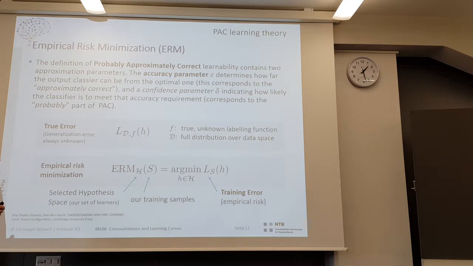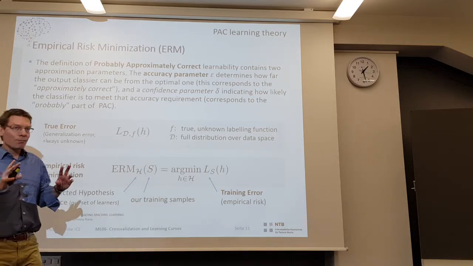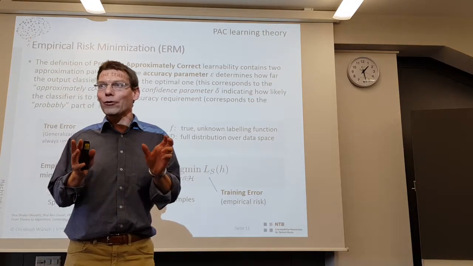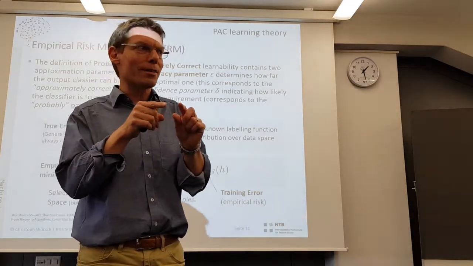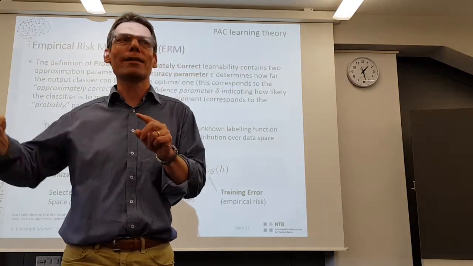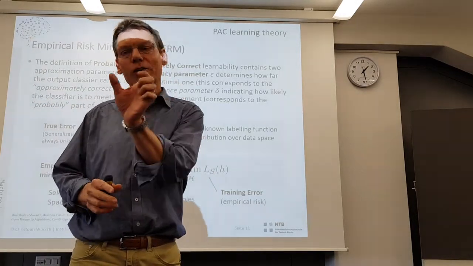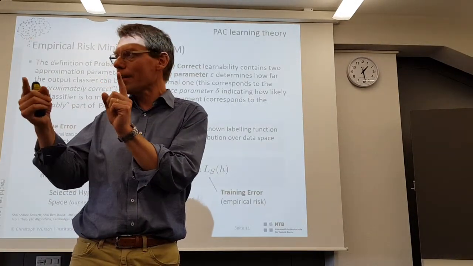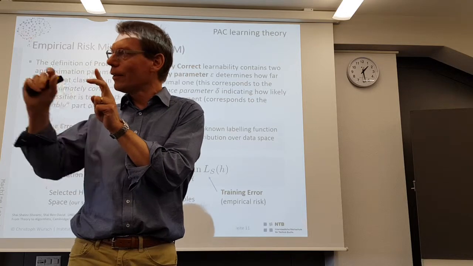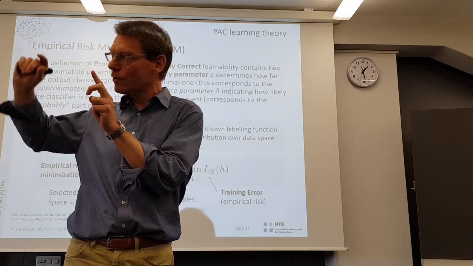We have to start with PAC learning theory, the theory of probably approximately correct learnability. And like in proofs in mathematics, you've probably heard, if something is smaller than epsilon, the output is smaller than delta. That's the idea behind it. For example, for a continuous function, if x and y are very close together, the function values will also be close together.